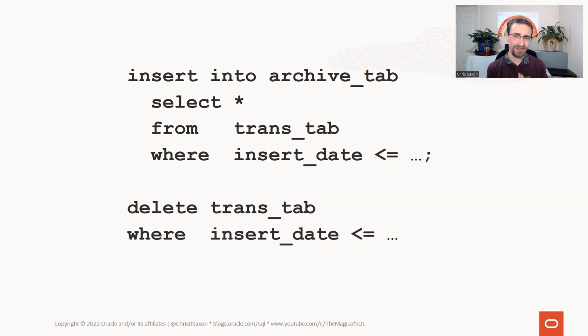Now, the challenge with this is, as I said, that delete can easily be removing millions and millions of rows, right? Depending on how frequently you run this and the size of your business and so on, that could be processing a lot of data. And delete is typically the slowest DML operation.